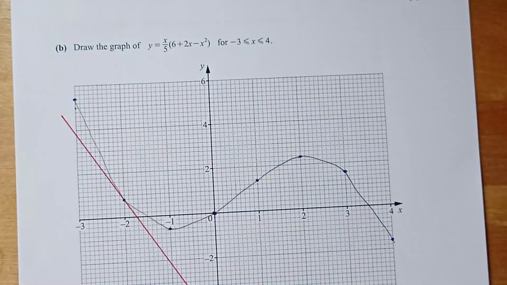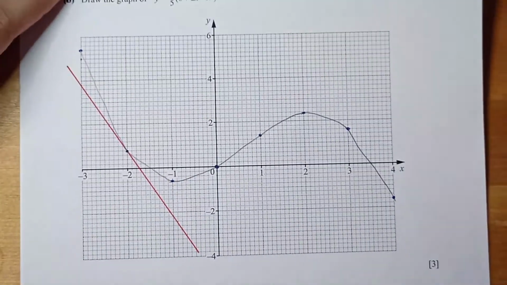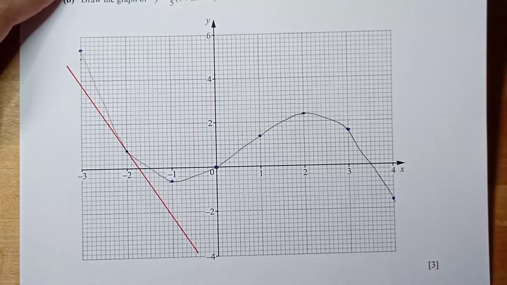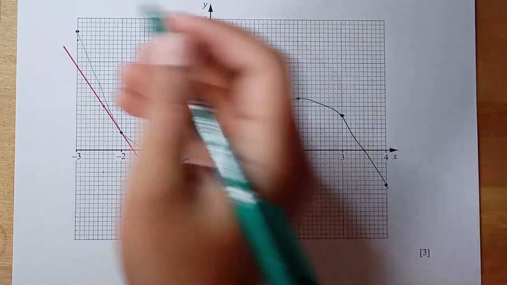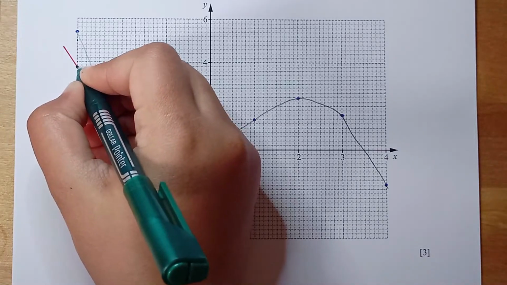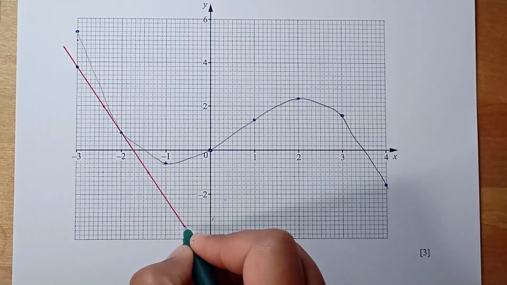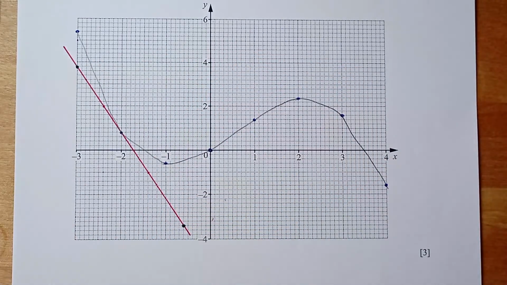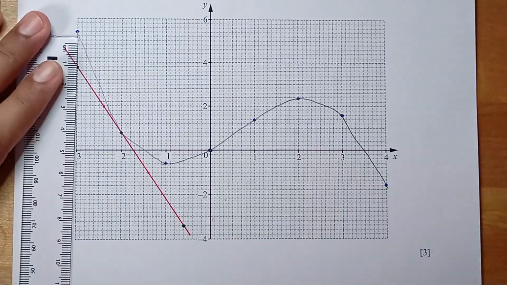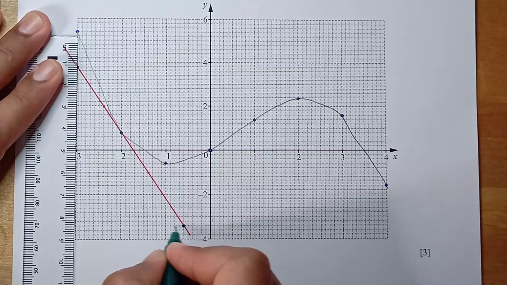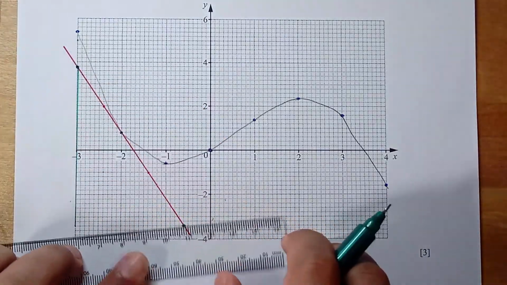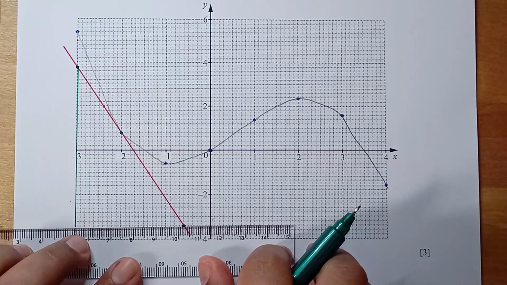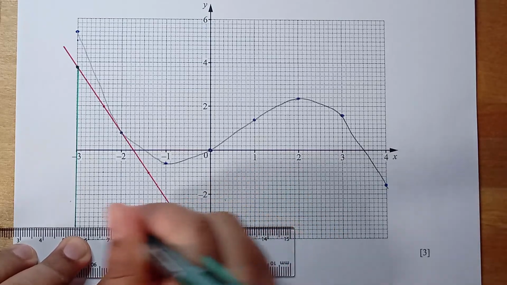Okay, now at this red line, we need to find 2 points to find out the gradient. So if I take this point and this point, what are the x and the y? And let me draw the triangle as well. We can easily find the gradient by doing change in y over change in x.